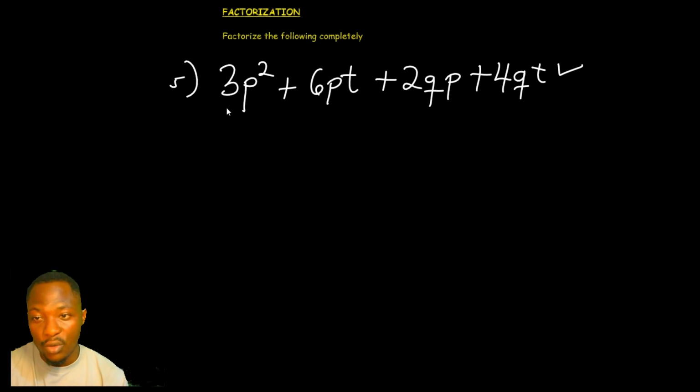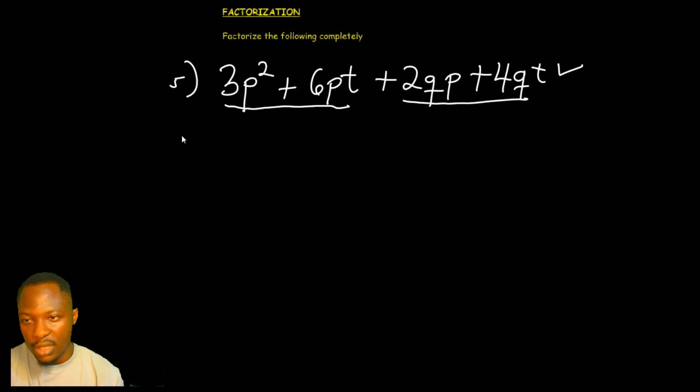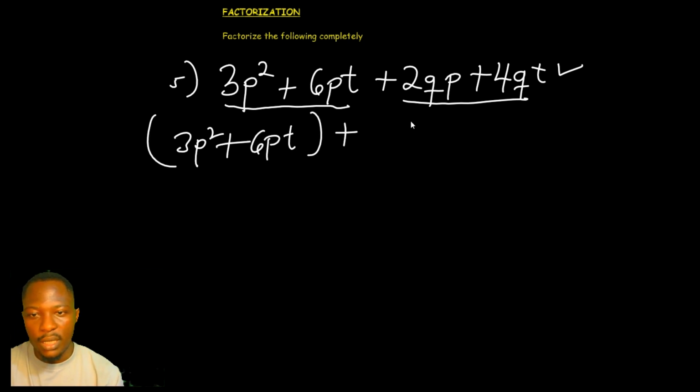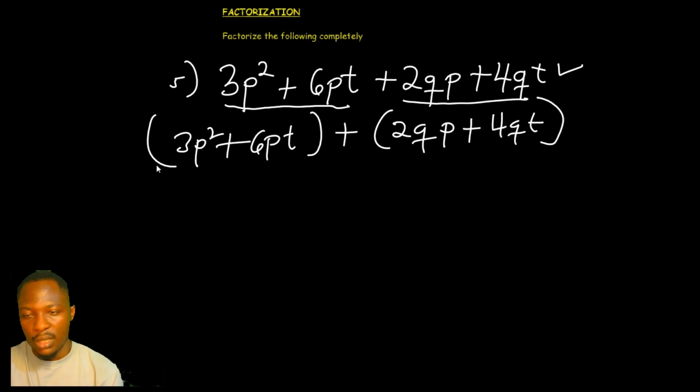Now here, let's go ahead and put the first two terms inside a bracket and also the last two terms inside the bracket. So here it's going to be 3p squared plus 6pt, and then here you're going to have 2qp plus 4qt. Now here, one of the common factors is p and also 3, because 3 is a factor of 6.